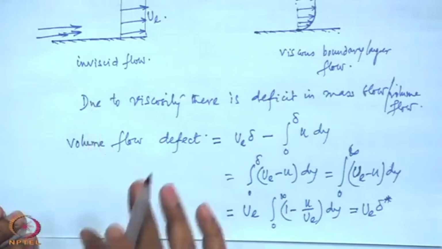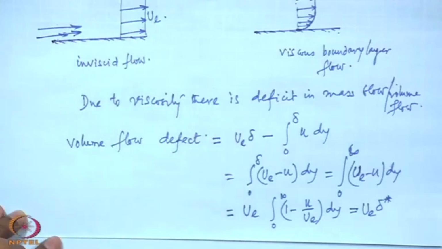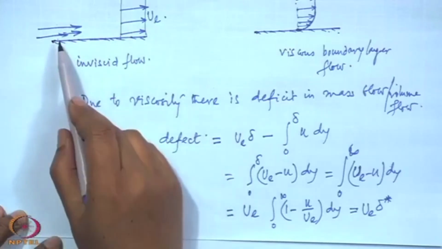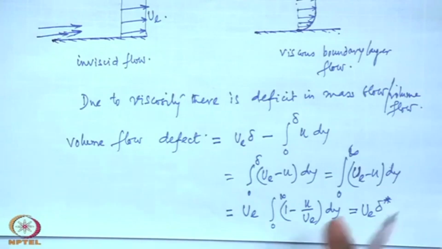We could have got the same thing as far as mass flow is concerned. If we consider that purely inviscid flow and we are concentrating only on getting the mass flow effect, then if we raise this wall by a thickness delta star, then also we will get the same amount of mass flow. Another way to see it is that the effect of this boundary layer is to introduce some thickness to the plate, as if the plate has been thickened by a length delta star.